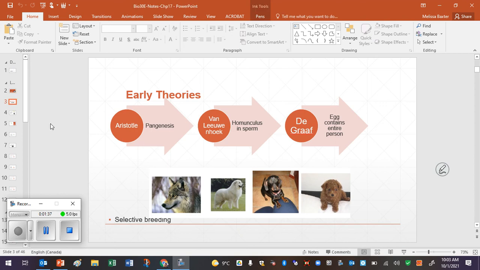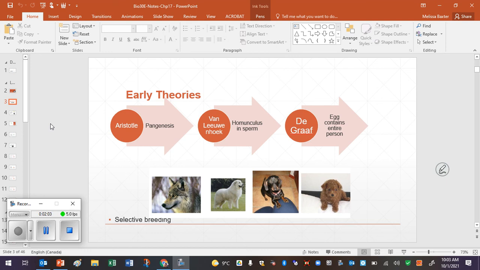So, this little bit here is not something that I'm going to quiz you on, but I just want to give you an idea of the fact that we didn't always think that organisms got their characteristics from parents the way that we do now. If we go way back in time to Aristotle, Aristotle had a lot of really good ideas, and I'm sure you've heard about him before.